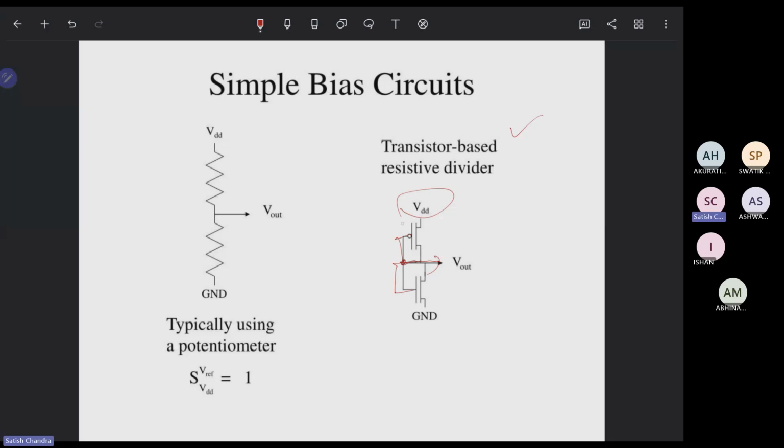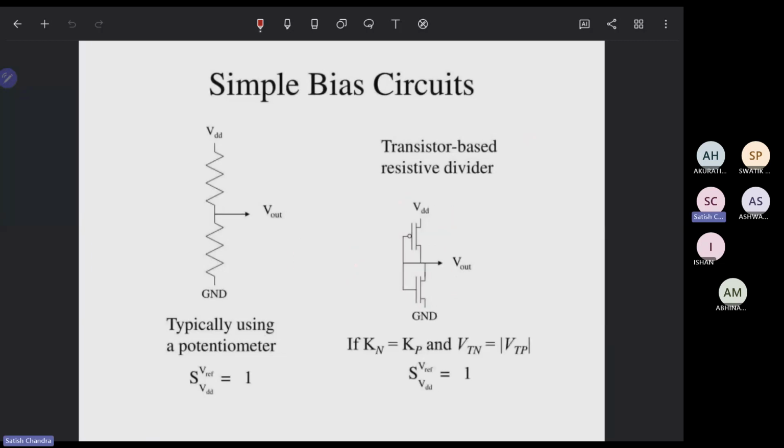So the resistor across this one, the resistor across this one, and the resistor across this one decide our V out. This is nothing but a replica of that. This is how we design a transistor-based resistive divider.